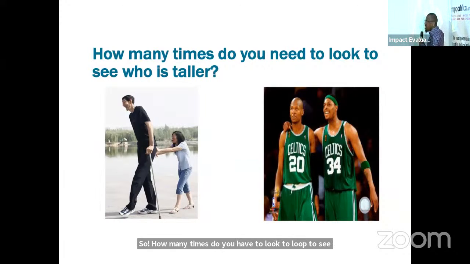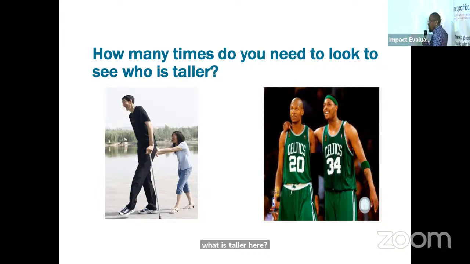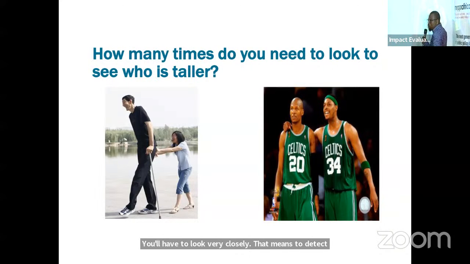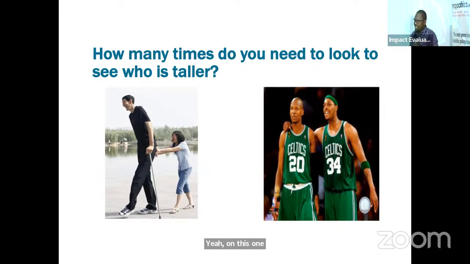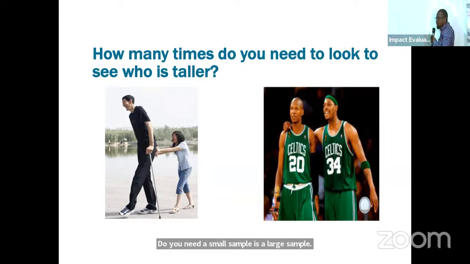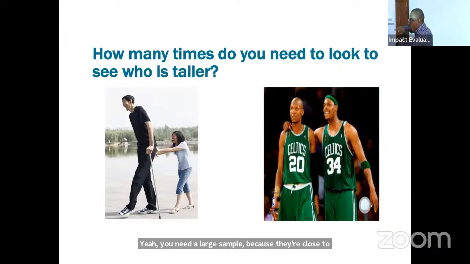That means to detect the difference here, because they are very similar, do you need a big sample or a small sample? Here you need a large sample. Because they're close to each other, for you to detect the effect, you'll need a bigger sample.